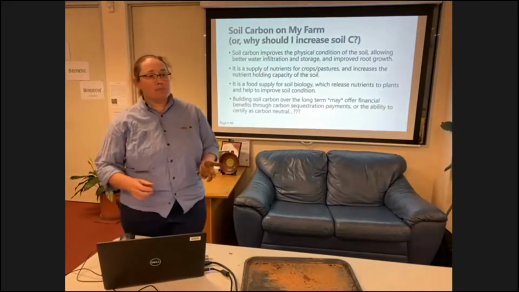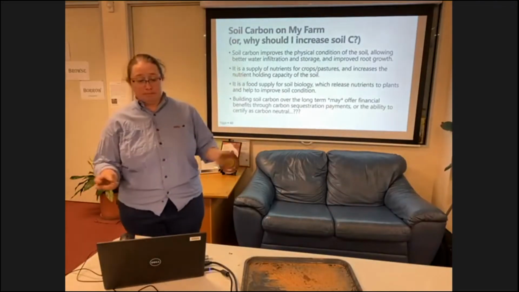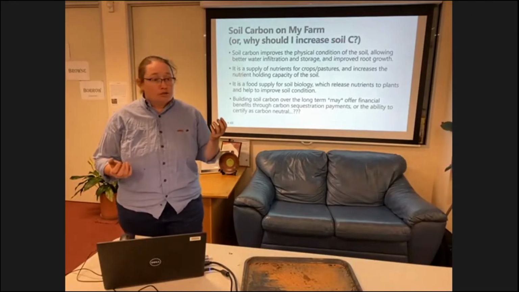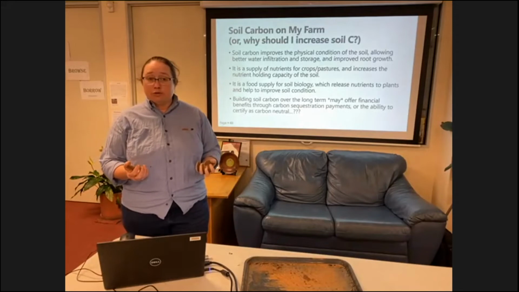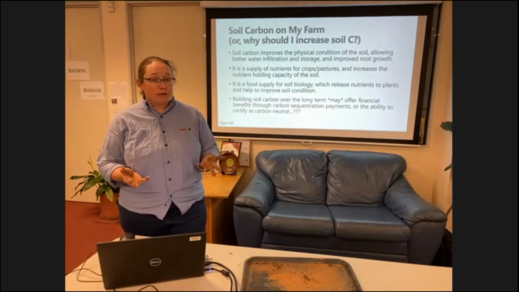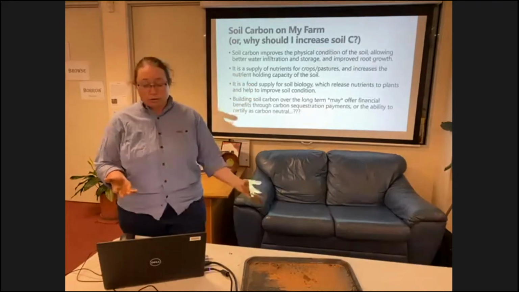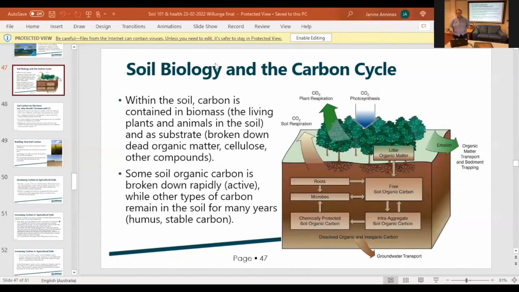So soil carbon on your farm or in your garden. Why should people increase soil carbon? Soil carbon improves the physical condition of the soil, allows better water infiltration. So this goes back to the people having problems with waterlogging. It helps to store water and improves root growth.